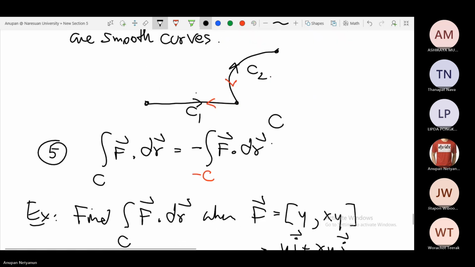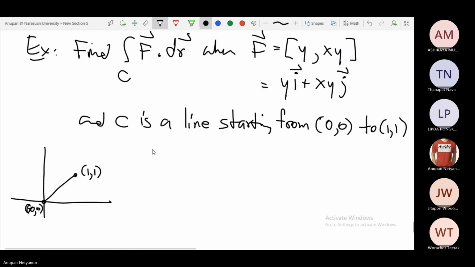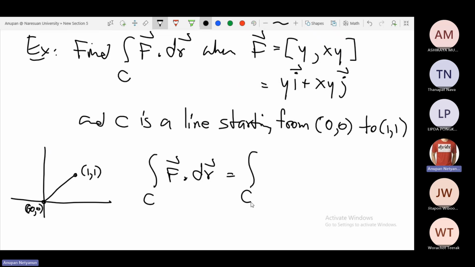So what you have is the line integral on the curve C of f dot dr, vector dr. So you change it to the integral on the curve of f of x(t), y(t), dot with r prime t dt.